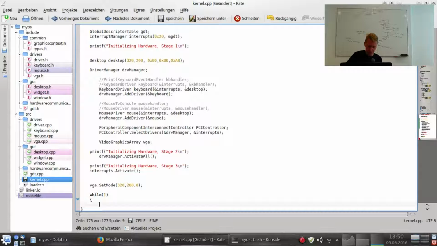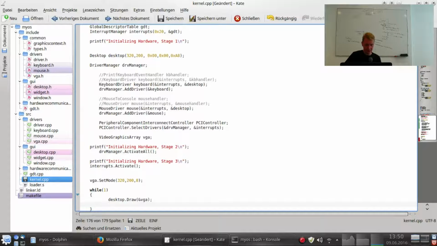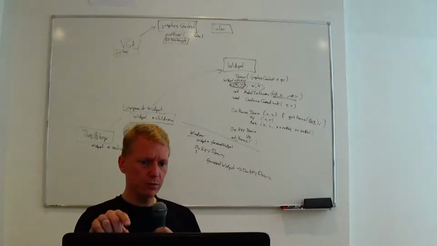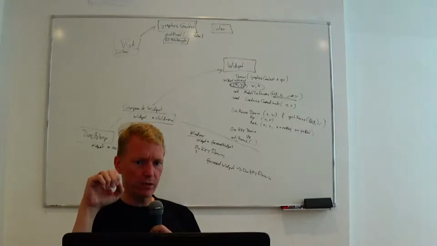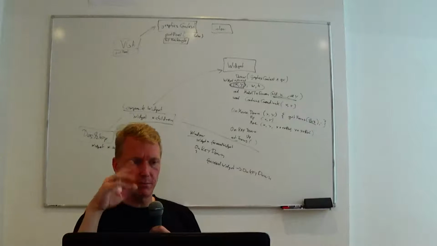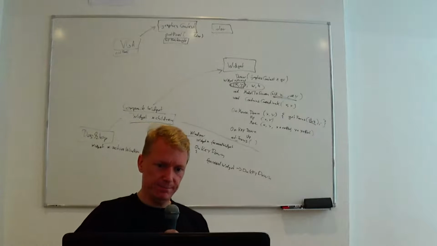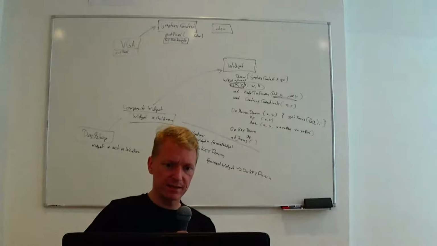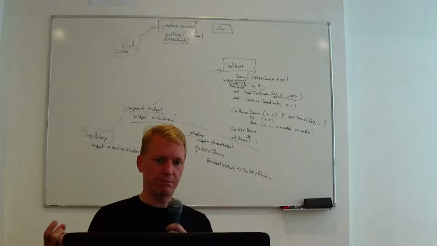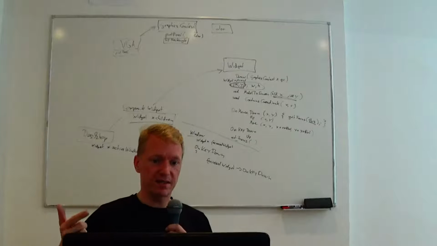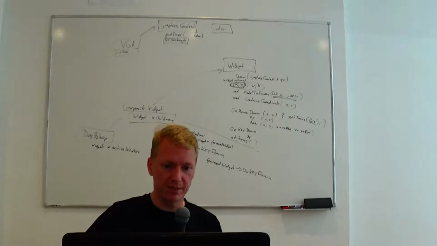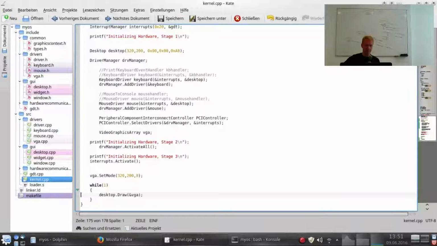So I will just put this into this loop here. Although I warn you, when we start the multitasking, this loop will never be executed anymore once we start tasks. So this isn't a really good idea to put it here, but for now it will work.